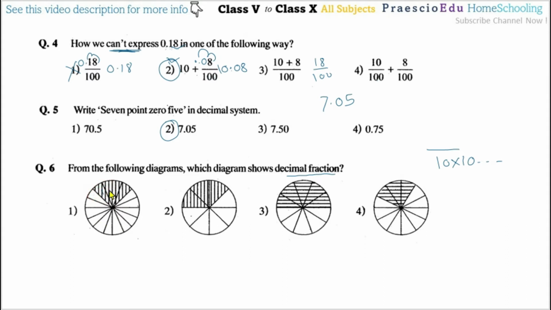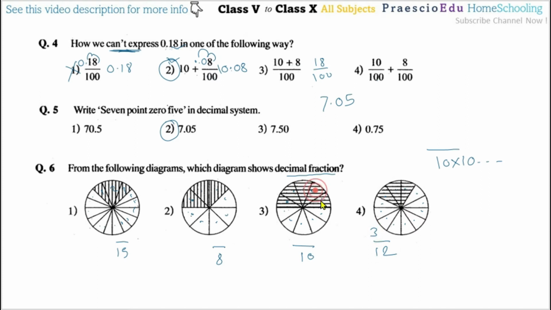So 1 2 3 4 5 6 7 8 9 10 11 12 13 14 15, so here denominator 15, then 8, then 1 2 3 4 5 6 7 8 9 and 10, yes, here 10, here 12, here 3.